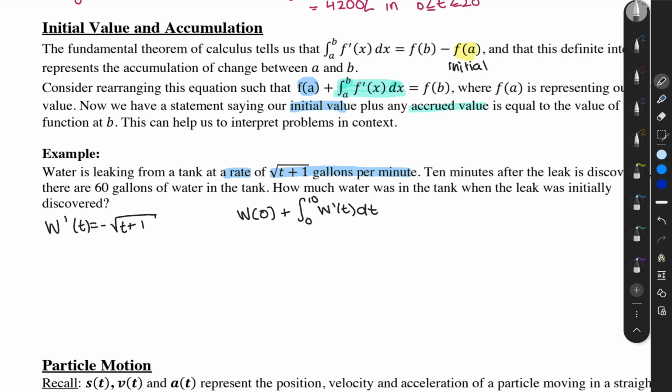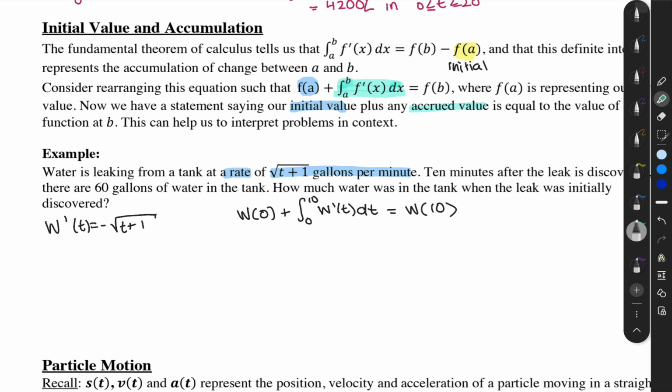Right, and that's the accumulation of water from that flow. And again, we use the word accumulation, but I'm losing the water in this case. And that's going to be equal to how much water there is after 10 minutes, right? How much did I start with plus how much did I lose? Again, it's going to be a negative value. And then that's going to tell me how much I have at the end.